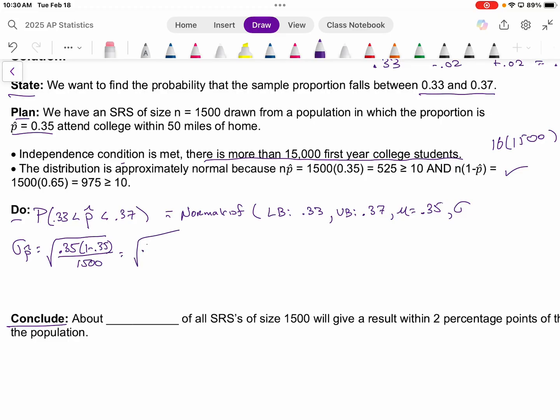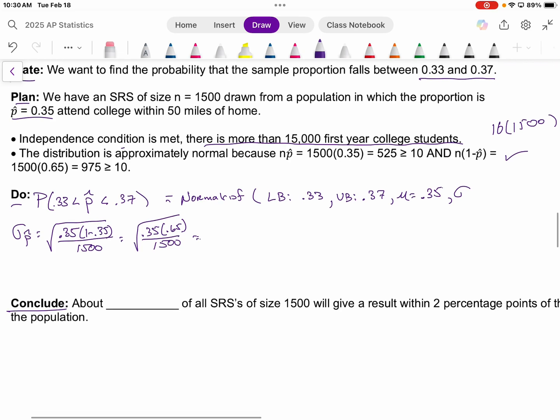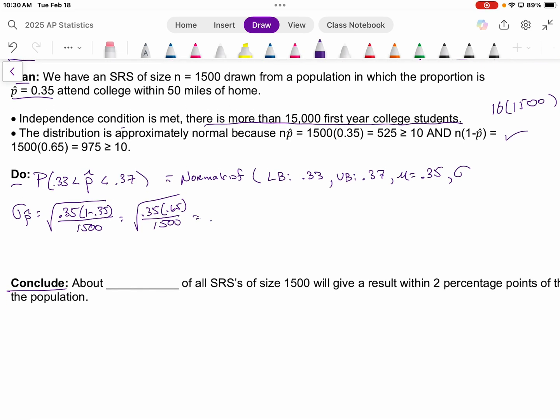So what is 0.35 times 0.65 over 1,500, and then square root it. Remember, we want to use as many decimals as we can. I think the first 5 decimals are like this, 0.89562.